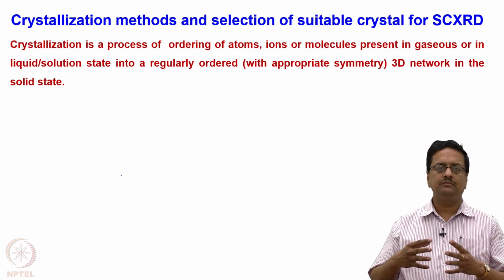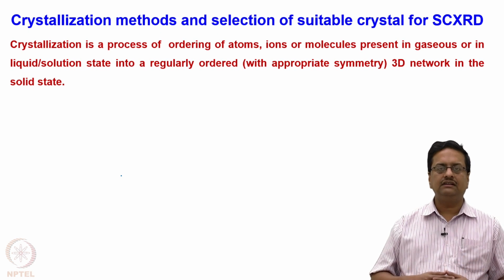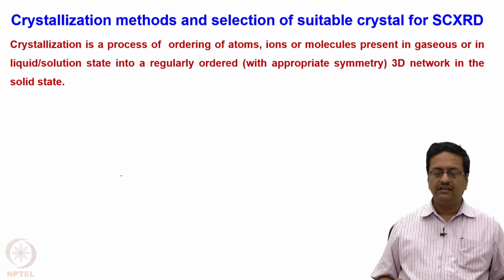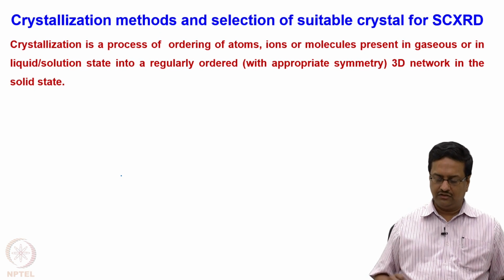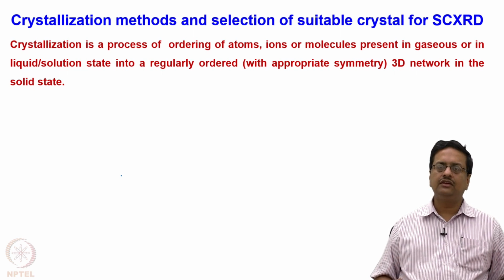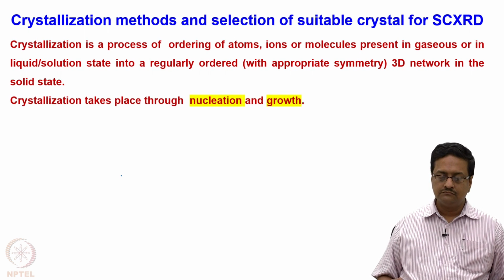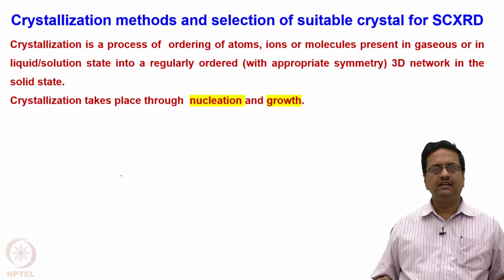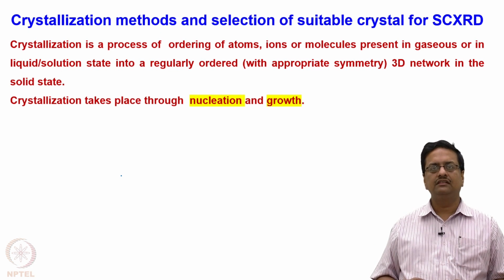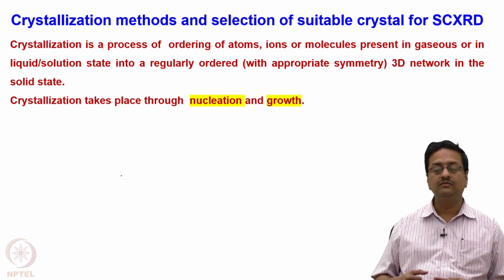As you know, one can only crystallize compounds in 230 different ways to generate 230 different space groups. This ordering is very crucial when you start from a gas phase or a liquid state of any particular compound. So, the method of crystallization takes place through two very simple but highly complicated processes called nucleation and growth.